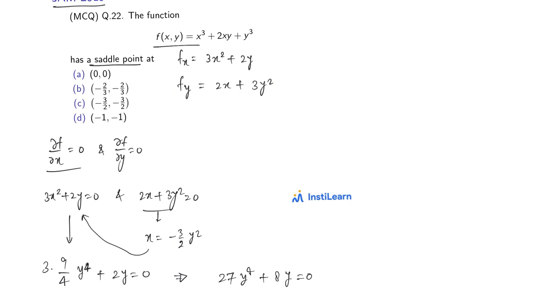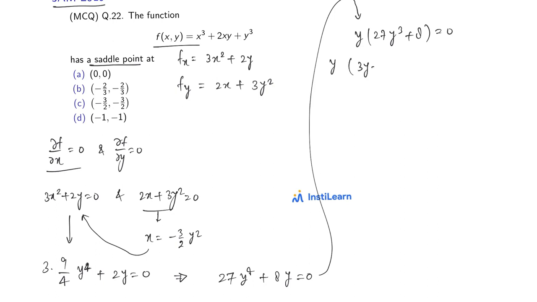We can solve it further: y into (27y cube plus 8) is equal to 0, or y into (3y plus 2) into (9y square minus 6y plus 4) is equal to 0.